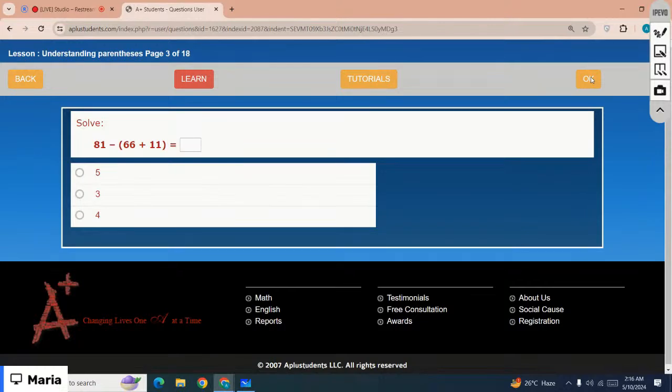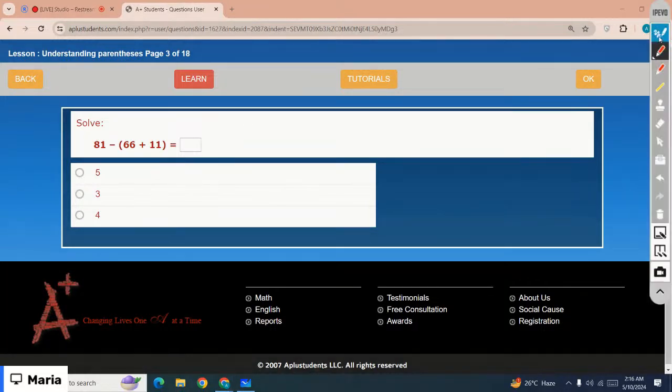Okay, the next one is 81 minus 66 plus 11. The first thing is you have to add 66 plus 11. So 66 plus 11 is 77, right? So 77, 78, 79, 80, 81. You have 4.